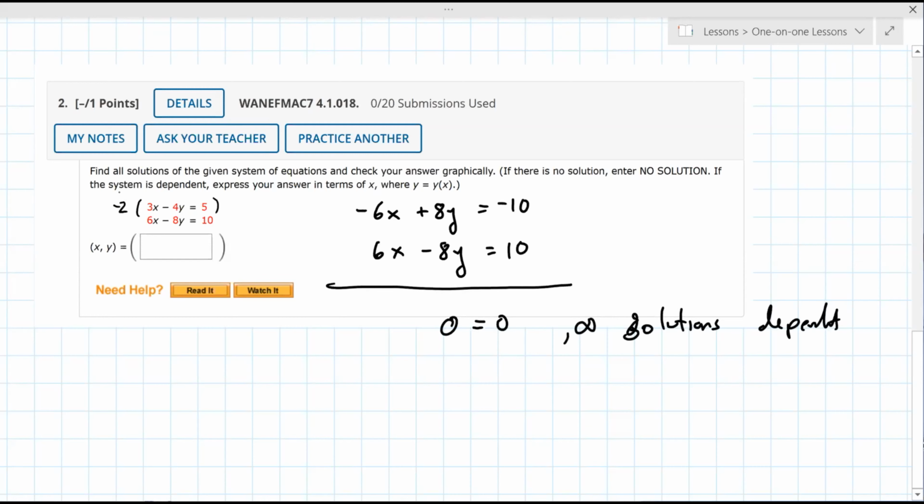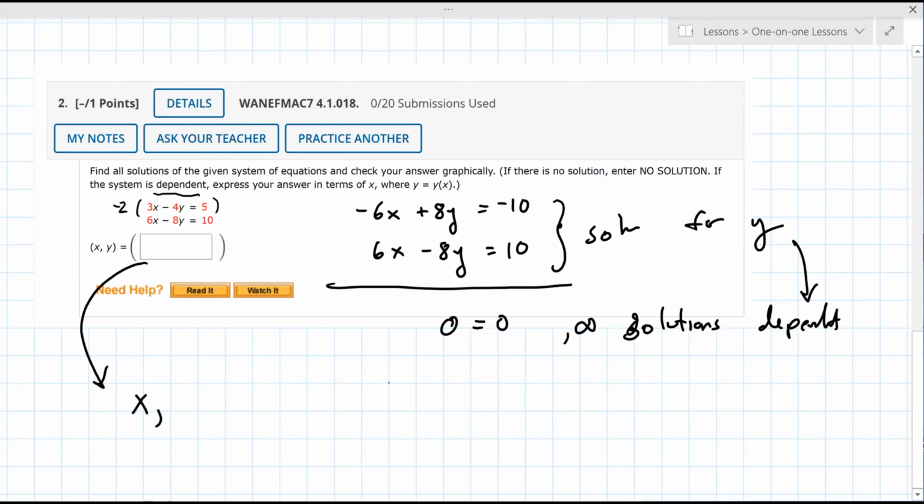It says if the system is dependent, and that's what you have here, express your answers in terms of x, where y equals y of x. This can be a little confusing, but what it means is x is the first answer, and then you have to solve one of these equations for y because it's dependent.